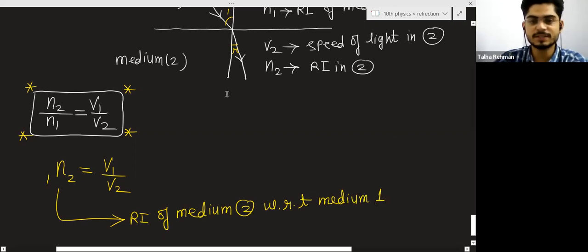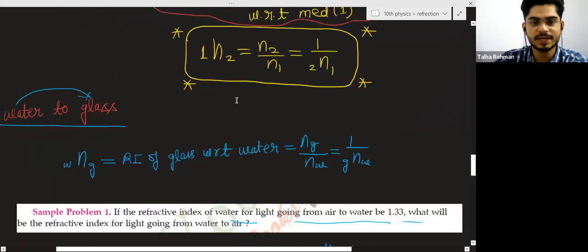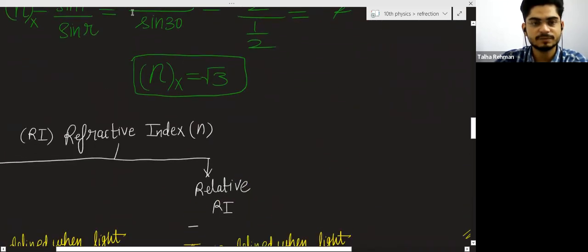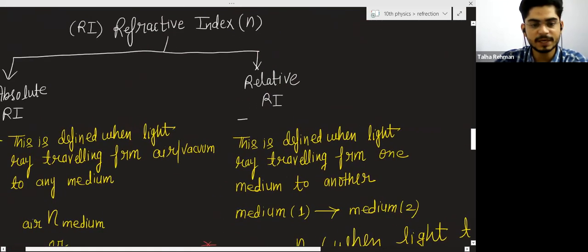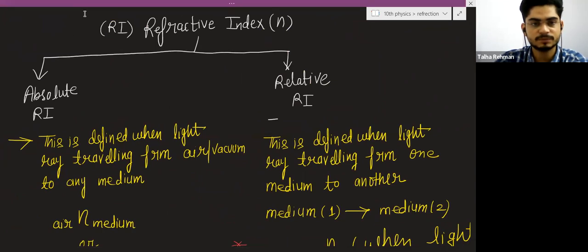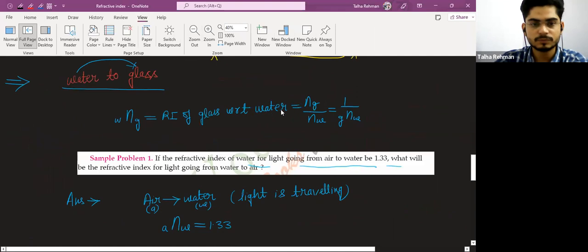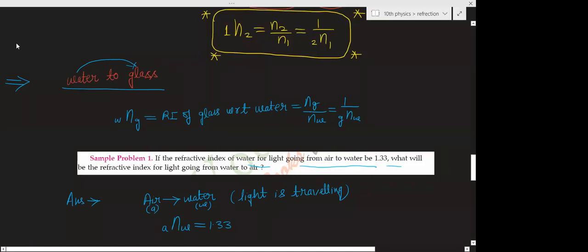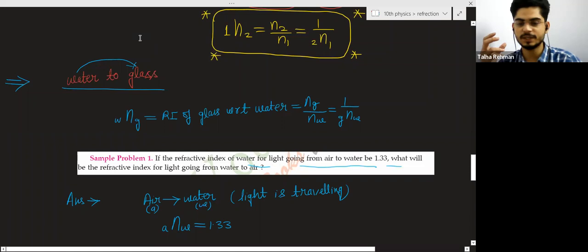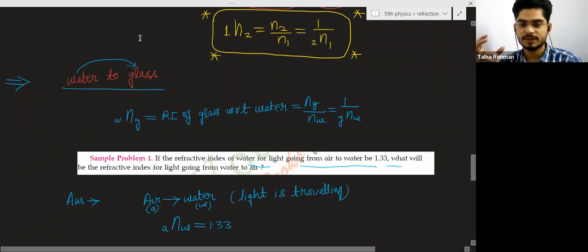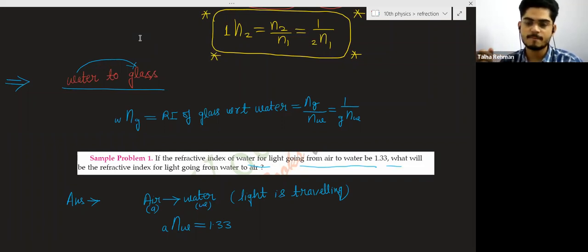So just write all of this down, and after that we will solve a numerical. That will clear all your concepts. Now write this down. Okay, sir. And if you have any kind of confusion in the refractive index, you can ask me right now.